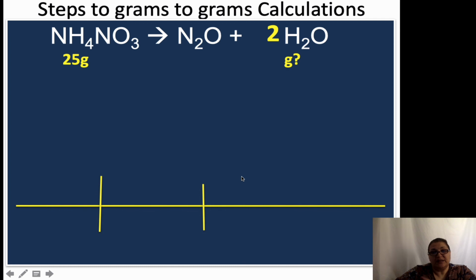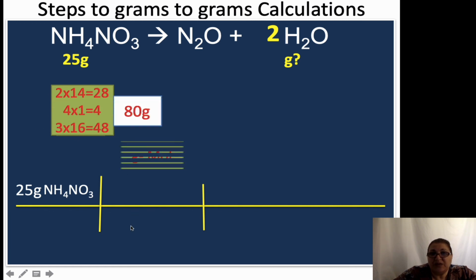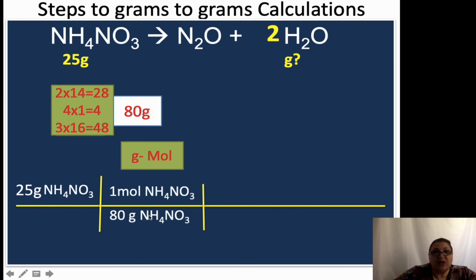One, these brackets, and then the second one would be the triangle method. So the first one, we always start with what's given, 25 grams of ammonium nitrate. We find the molar mass of ammonium nitrate, which is 2 nitrogens, 4 hydrogens, 3 oxygens, and we add them all up. And we divide by the molar mass. So grams to moles, we divide by the molar mass, always per 1 mole of the given.